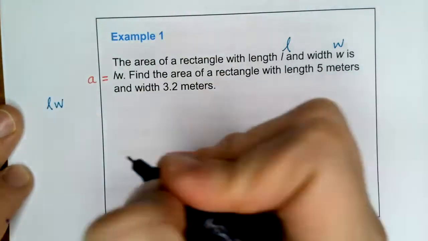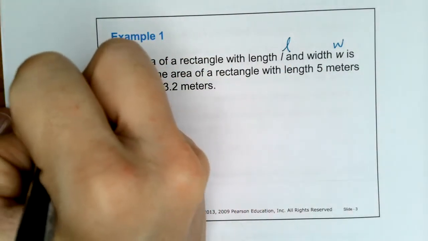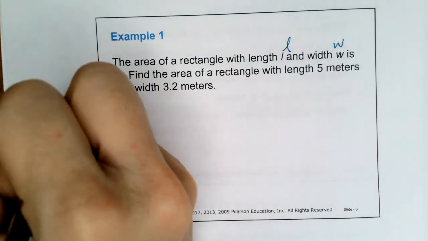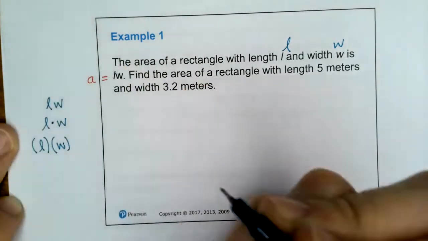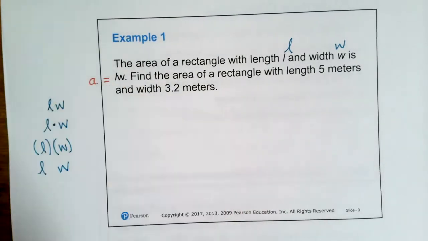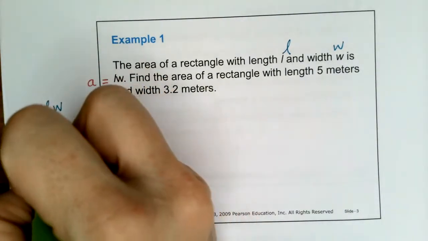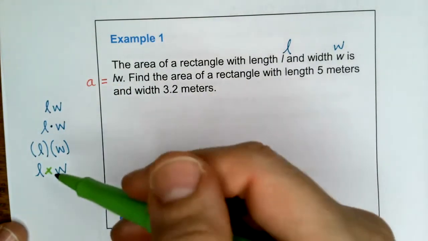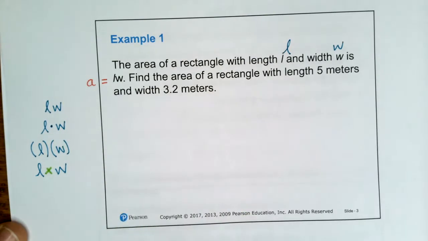LW means multiply. L with a little dot between them, W means multiply, and then parentheses L, parentheses W side by side means multiply. We don't necessarily use this one in algebra to mean multiply because we're already using X as a variable.